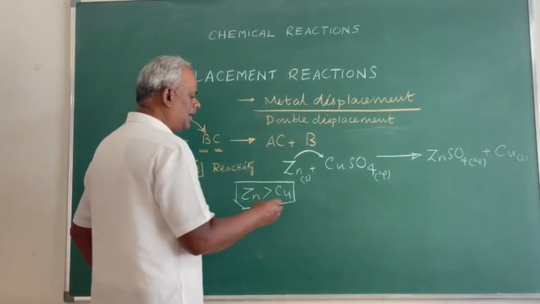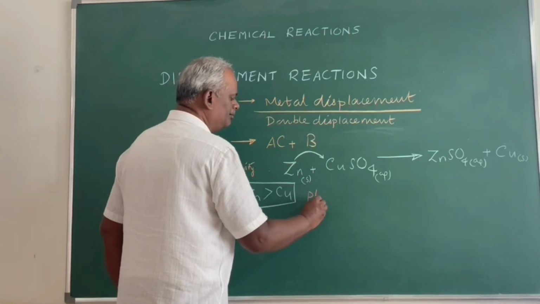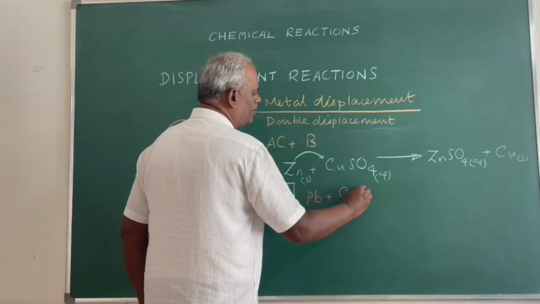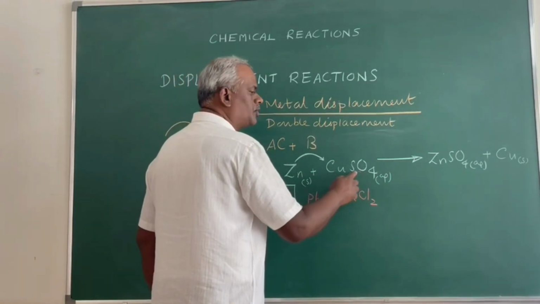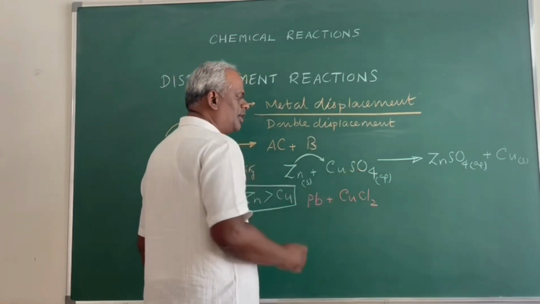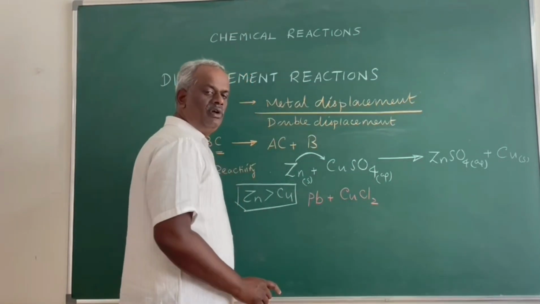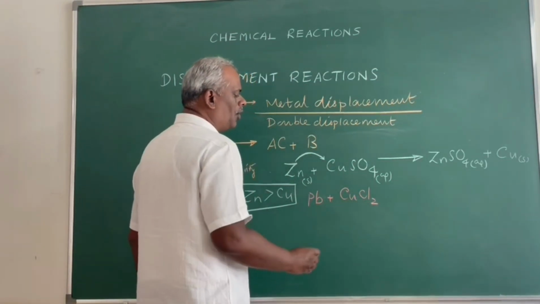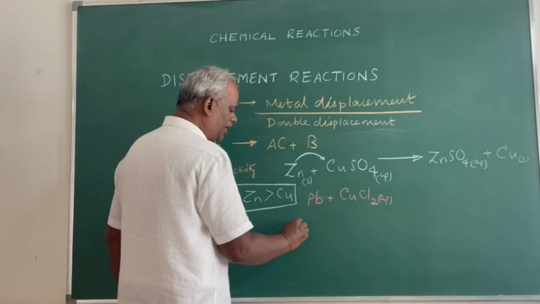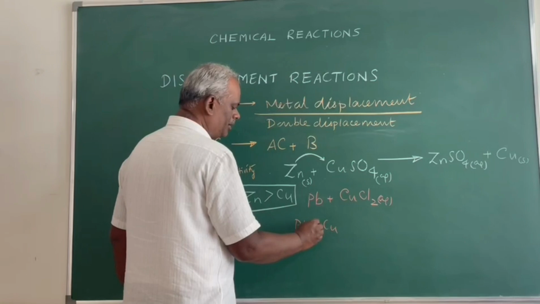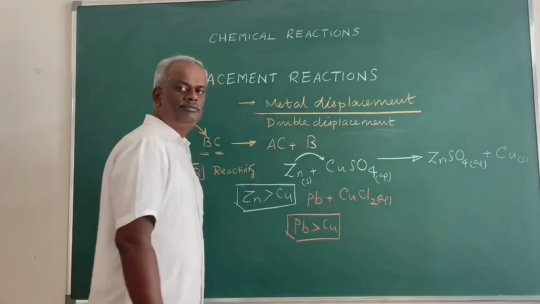We can take lead, Pb, as another example, when it is in contact with cupric chloride. Copper sulfate, also known as cupric sulfate, is blue in color. This is cupric chloride, also known as copper 2 chloride, the solution. If you compare the reactivity of lead and copper, lead is more reactive than copper.